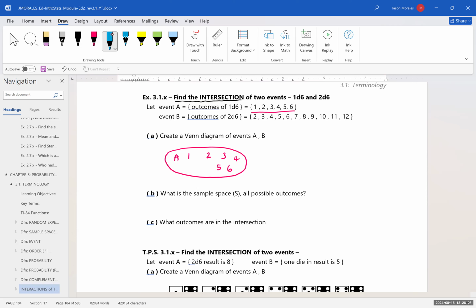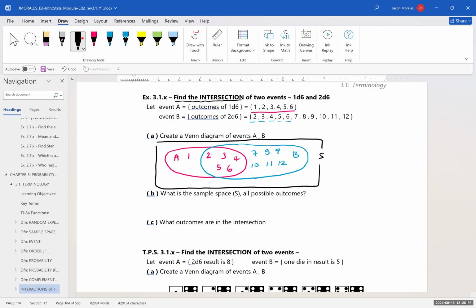Event B will have 2, 3, 4, 5, and 6, and then 7, 8, 9, 10, 11, and 12. Then we'll go one step further and create a sample space around both of these. So here we've created a Venn diagram of events A and B.